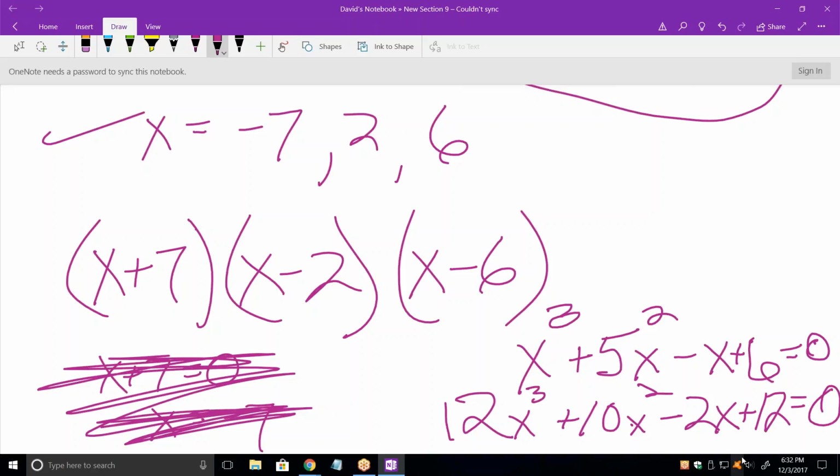So there you go. There is a polynomial that has the same zeros as the one above it. Because if I was given the one with the coefficient of 2, I could just divide all sides by 2 and get back to this one. So this is a different function, but it's got the same zeros.